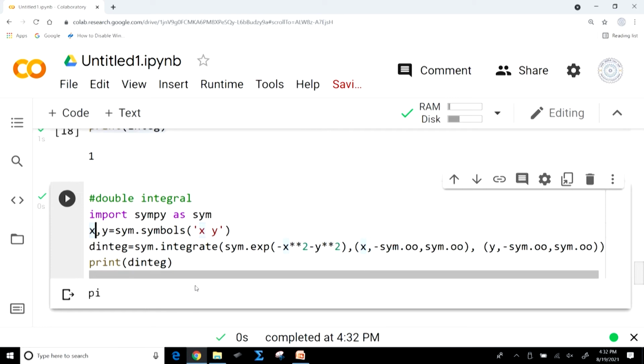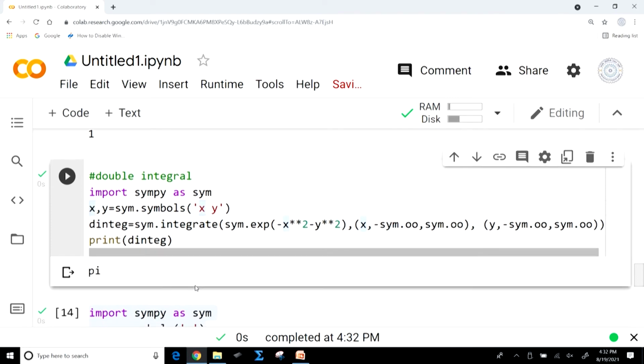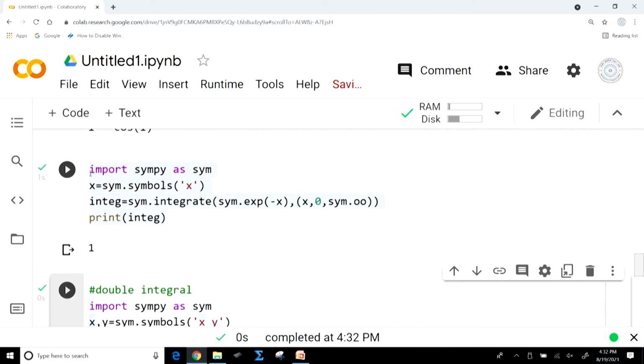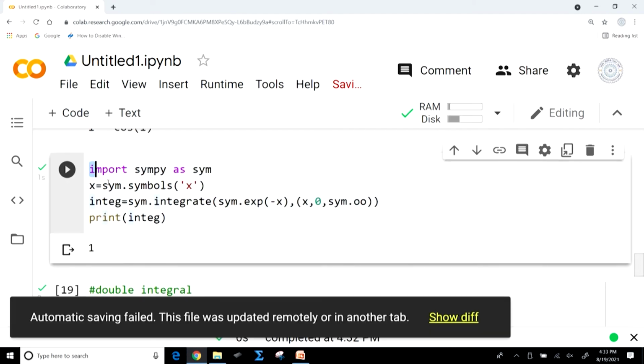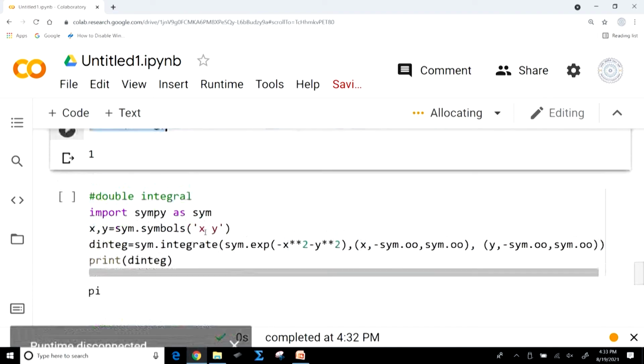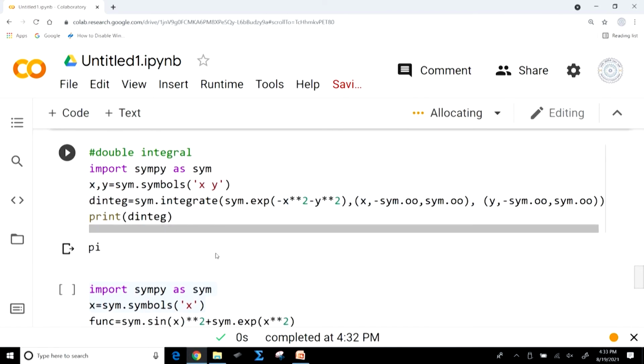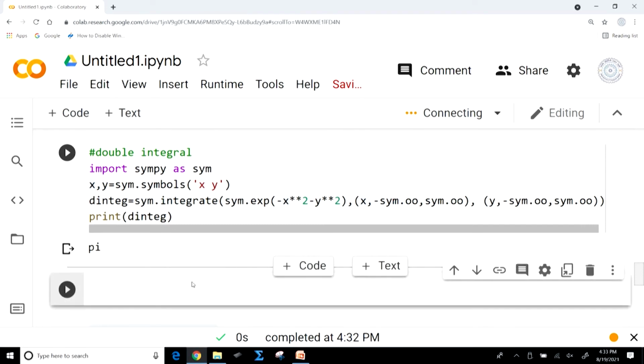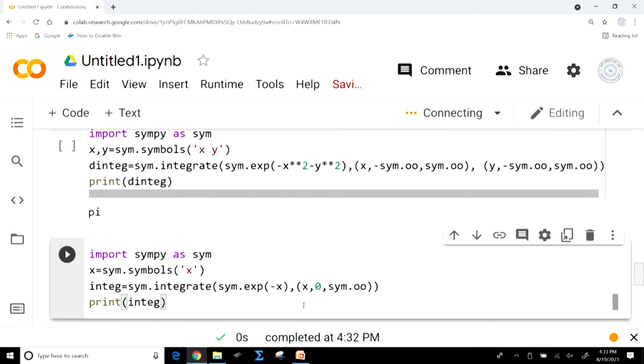How can you call pi here? For pi you can usually use simp dot pi. Suppose in this example you want to integrate this from 0 to pi, for example. So, you write simp dot pi.